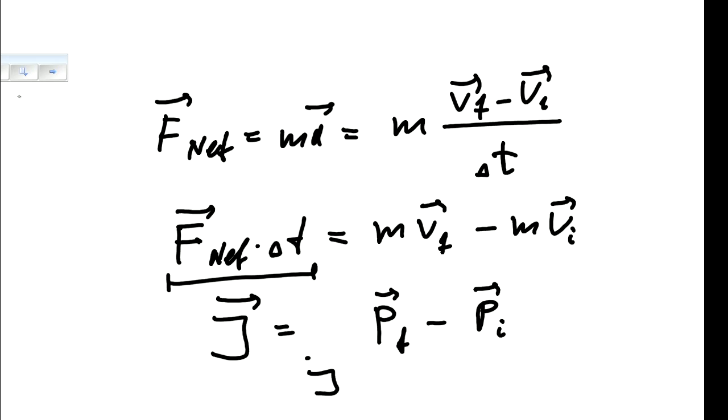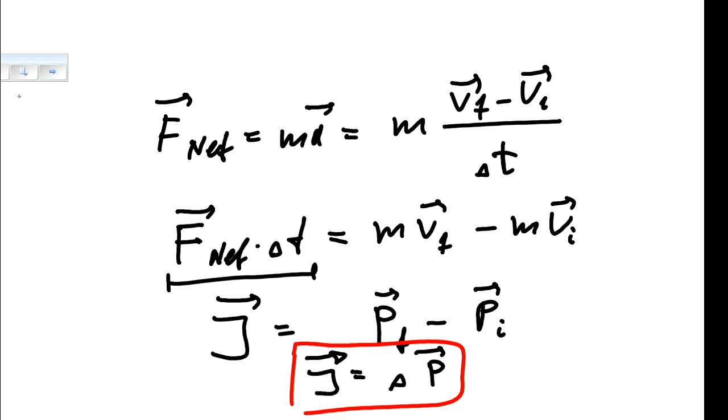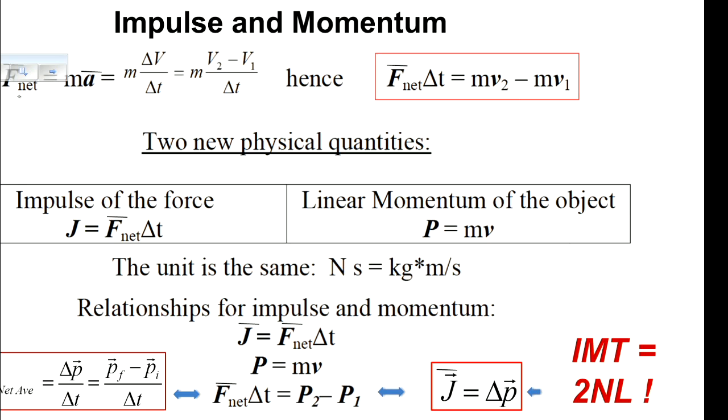And now what we have is a short equation which relates these variables. This is Newton's second law in disguise. The impulse of the force equals the change in linear momentum. And of course, I got a slide. We have a name for this equation, impulse momentum theorem, IMT. So if you see in the lab IMT, that's what it means, impulse momentum theorem.